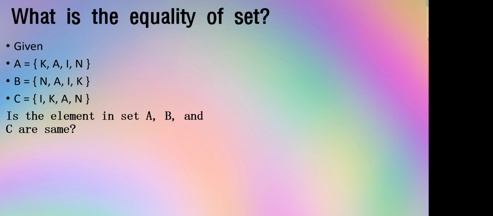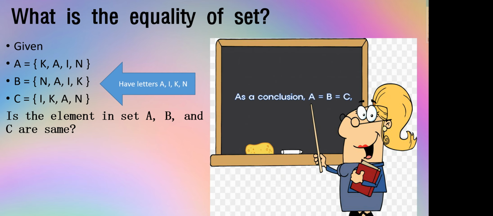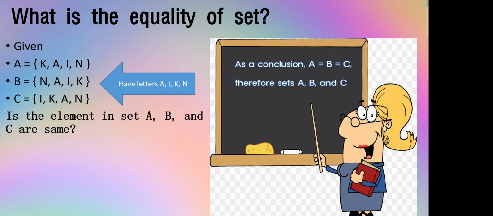Yes. We have noticed actually the elements are the same but not in the same order. So all of them actually have the letters A, I, N, and K. So that's why we will say, as a conclusion, A is equal to B is equal to C. Therefore, sets A, B, and C are equal sets.